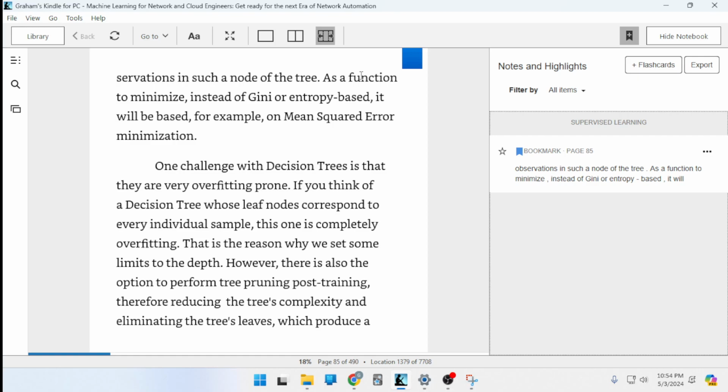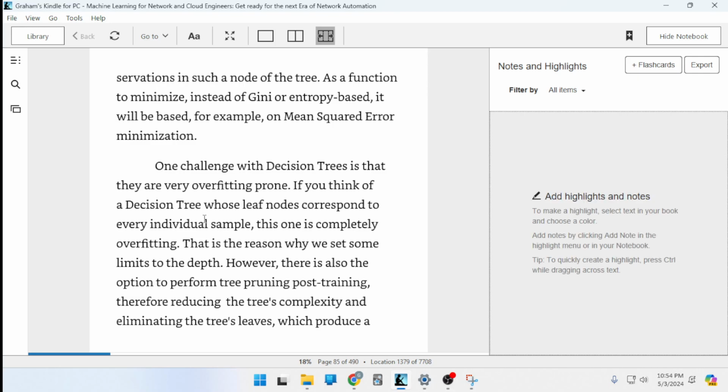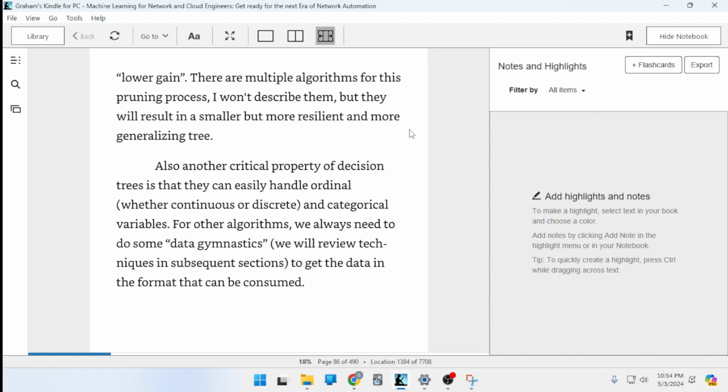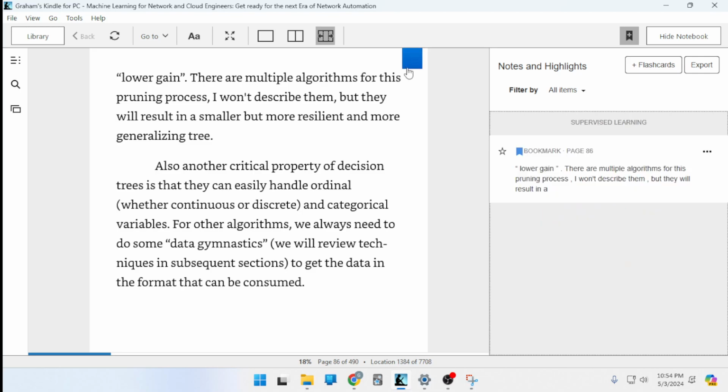However, there is also the option to perform tree pruning post-training, therefore reducing the tree's complexity and eliminating the tree's leaves, which produce a lower gain. There are multiple algorithms for this pruning process. I won't describe them, but they will result in a smaller but more resilient and more generalizing tree.